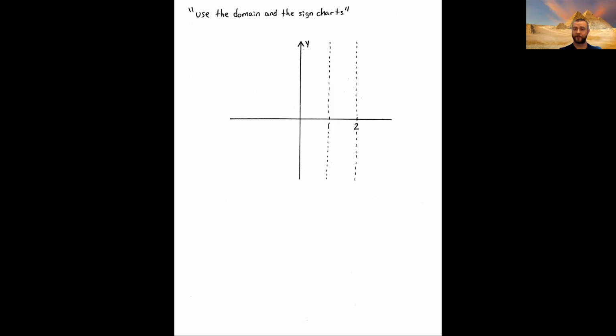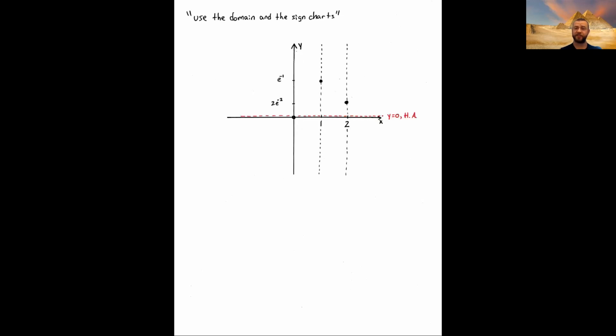We had some other information, some ordered pairs and a horizontal asymptote from what we calculated. Notice here, again, I didn't draw the y-axis to scale. I just put the point or ordered pair at x equals 1 above the point or ordered pair at x equals 2, not worrying too much about exactly how far apart on the y-axis they should be.